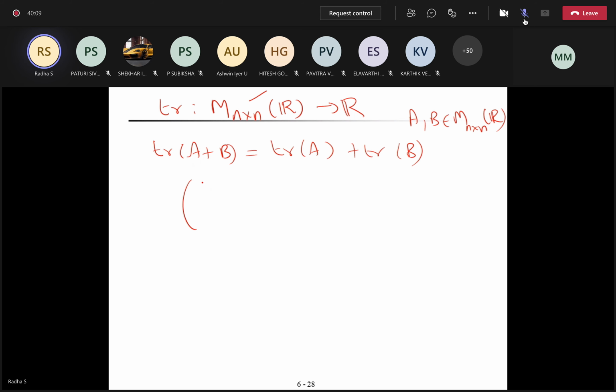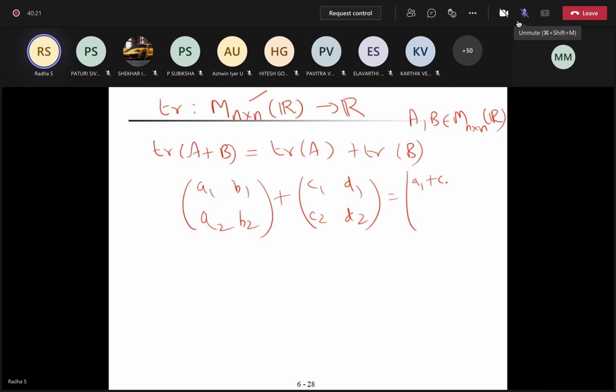For example, we'll take A as a1, b1, c1, d1 and B as a2, b2, c2, d2. If you add this, we get a1 plus a2, b1 plus b2, c1 plus c2, d1 plus d2.